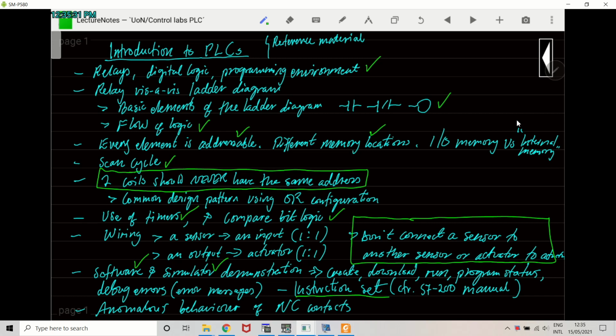And finally, I've spoken about the anomalous behavior of normally closed contacts. So this is just a bit on the Siemens S7-200, and I hope when you do the lab, you'll be able to explore these concepts much more, and even more so on your own.